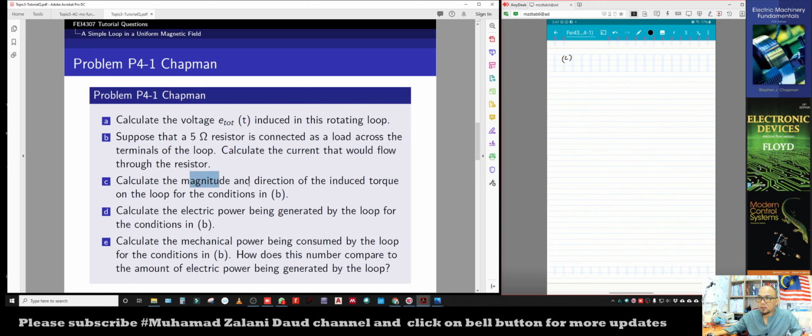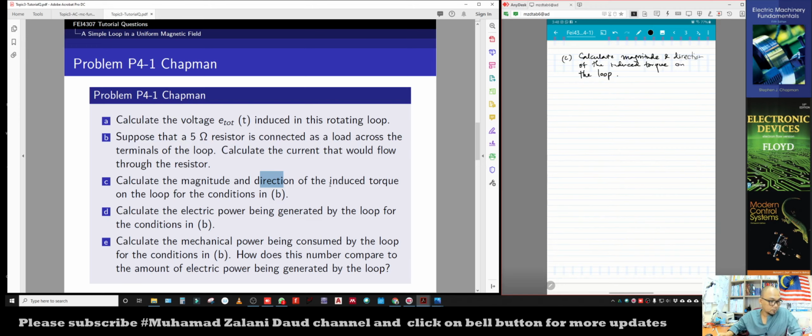We want to know the magnitude and direction of the induced torque on the loop for the conditions in B. For the condition in B, meaning once we connect the resistor of 5 ohm.